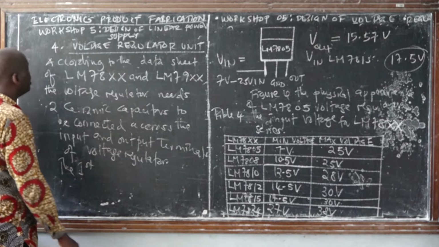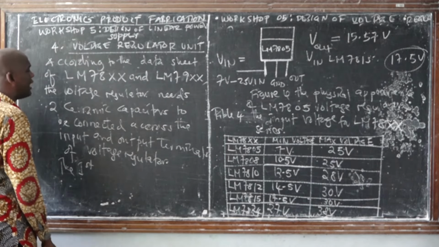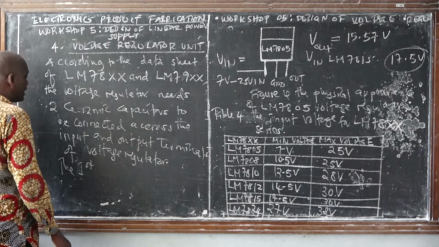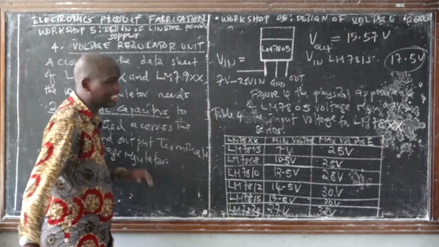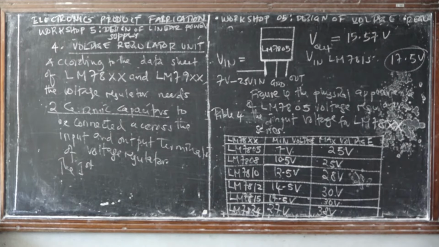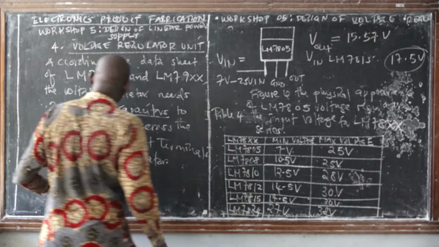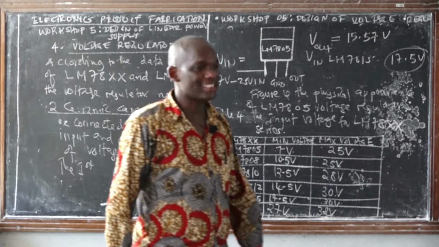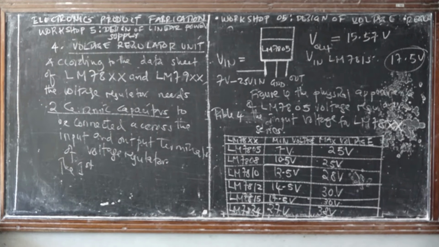So according to the data sheets of LM78XXC and LM79XXC, the voltage regulator needs two ceramic capacitors. Those two ceramic capacitors have a fixed value, whether you're using LM7812 or LM7824.